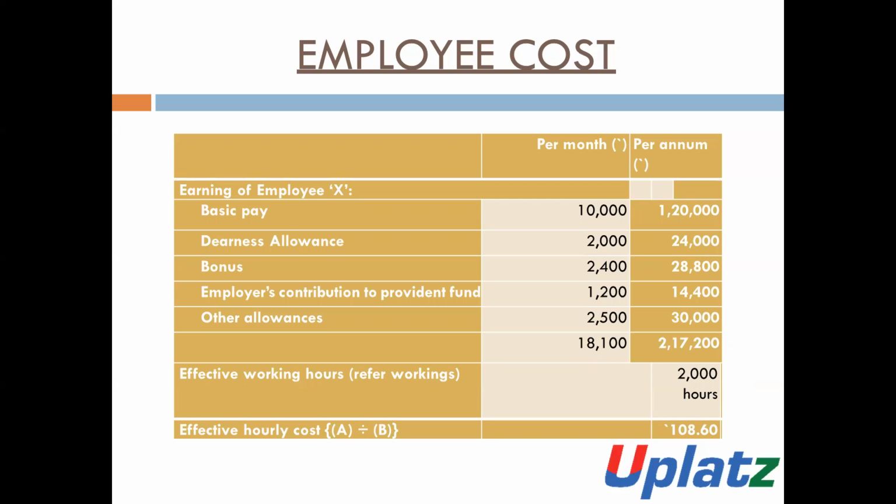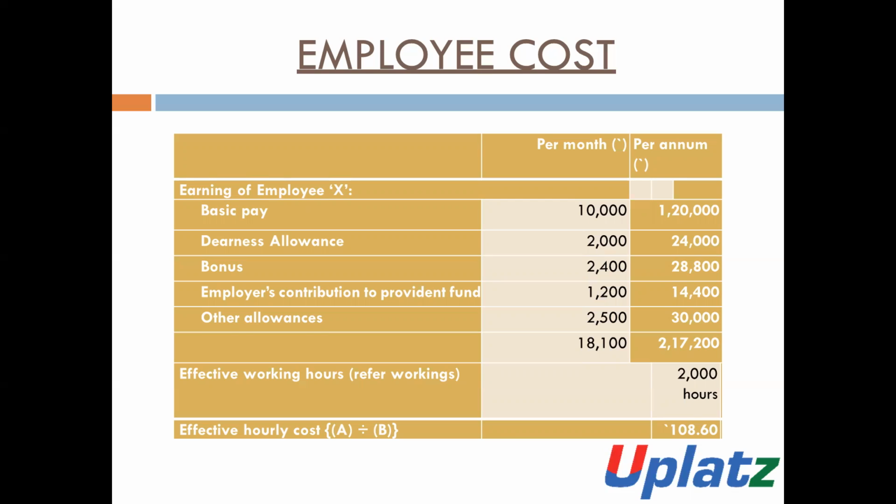That is, total earning divided by effective working hours is equal to the effective hourly cost, which is 108.6. So 2,17,200 divided by 2,000, then 108.60 rupees is the per hour cost.